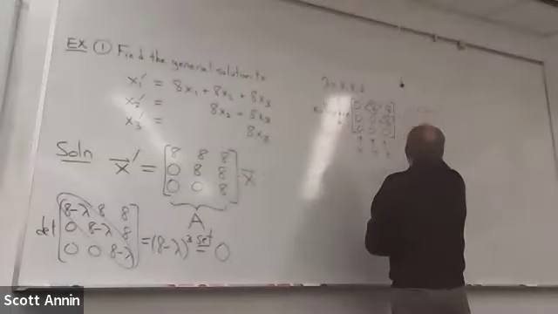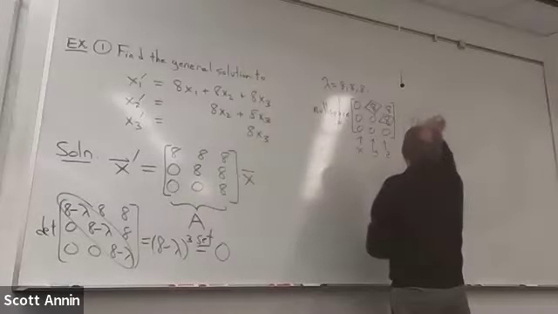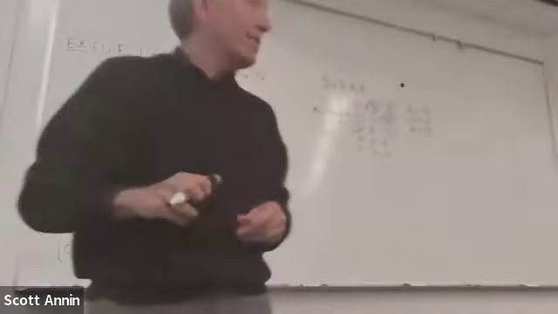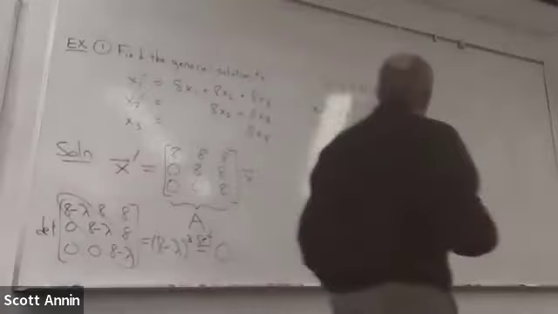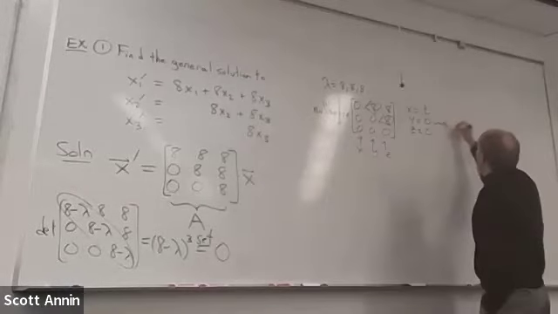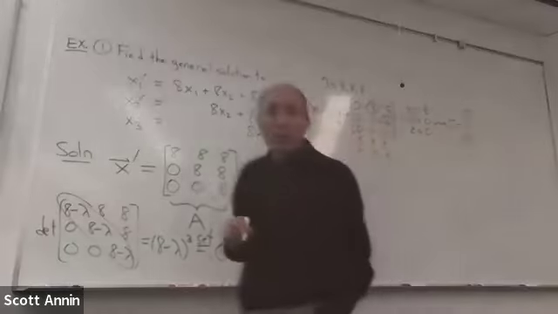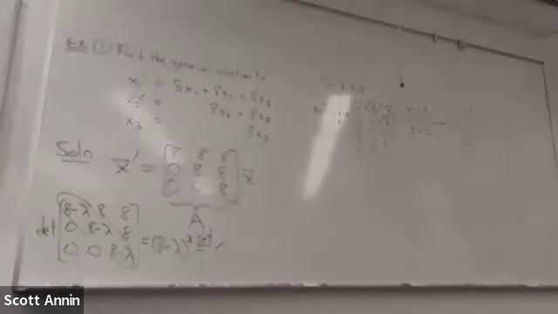So z is actually 0 and y is actually 0, and the only free variable, which I'll call t, is just x. So when we bust out the t, we're just going to get the vector 1, 0, 0. That's the only thing we're going to have there.